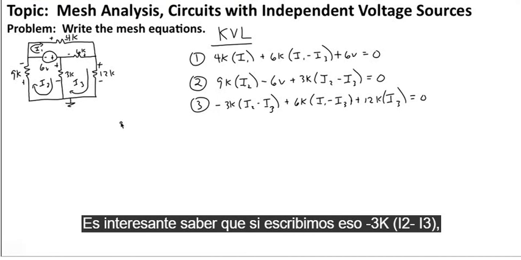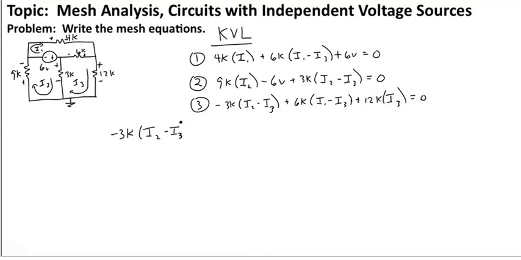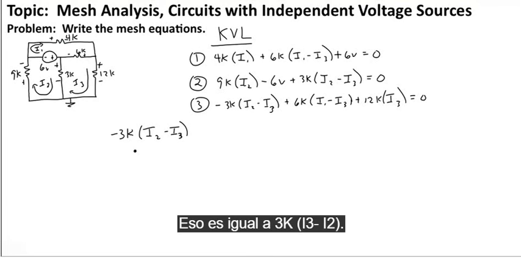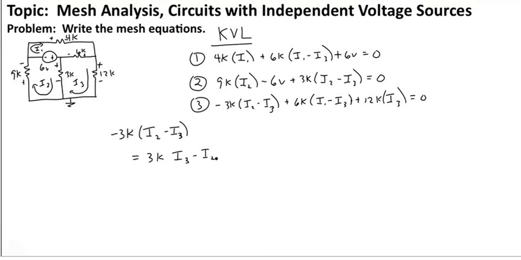It's interesting to note that minus 3K times (I2 minus I3) is equal to 3K times (I3 minus I2).